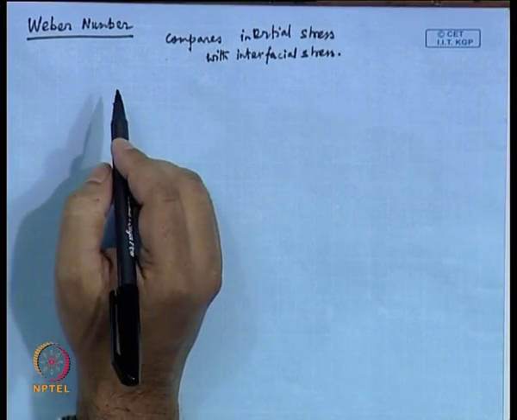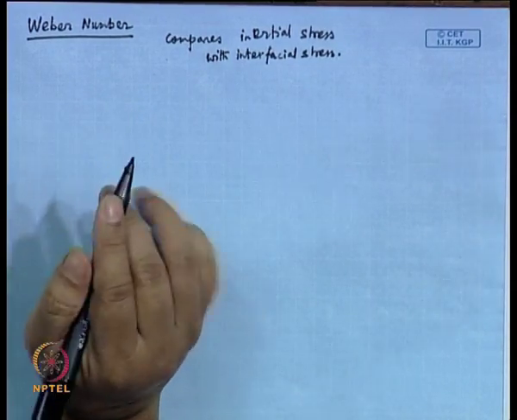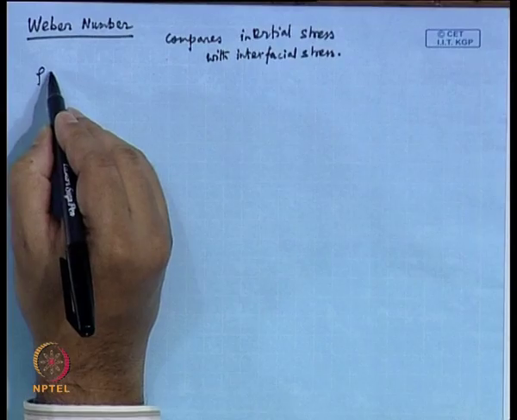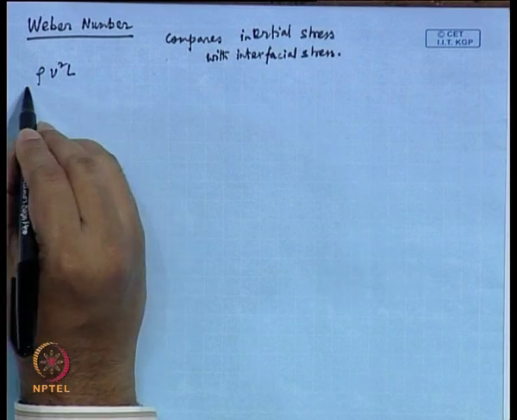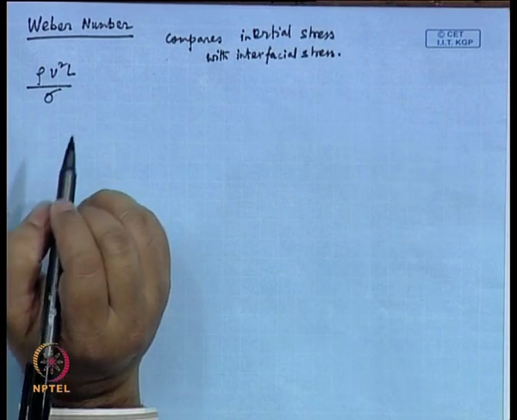Weber number, there can be two interpretations possible. First of all, Weber number is rho v squared L divided by sigma, that is the form.